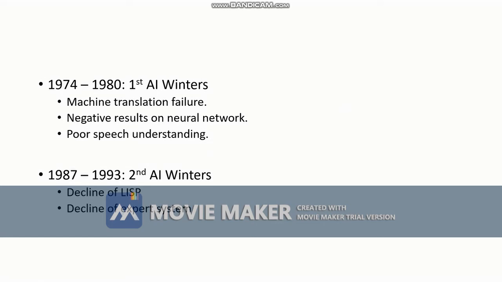For example, they would say we are computer vision, we are not AI, we are machine learning, we are not AI. Then came natural language processing, but they also said we are not AI. But actually all these are subfields of AI, but during that period no one used to confess that they were related to AI. Such a bad phase was going on.